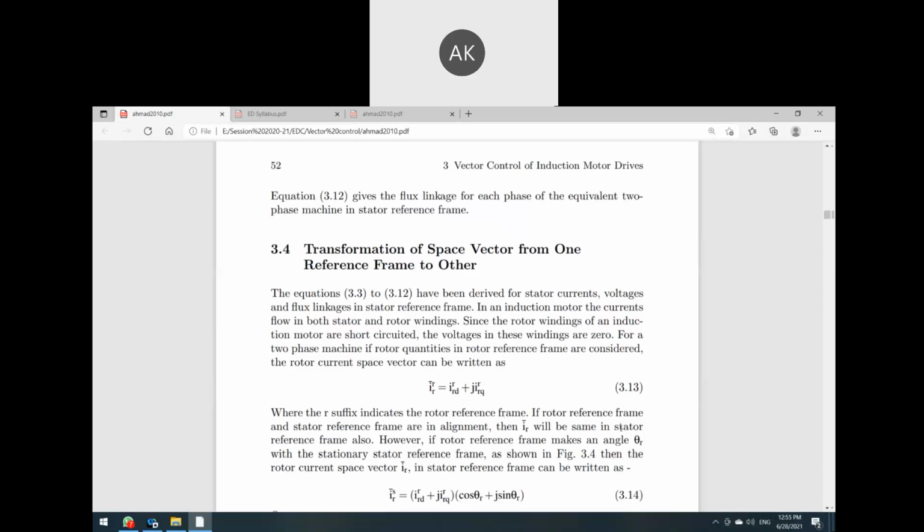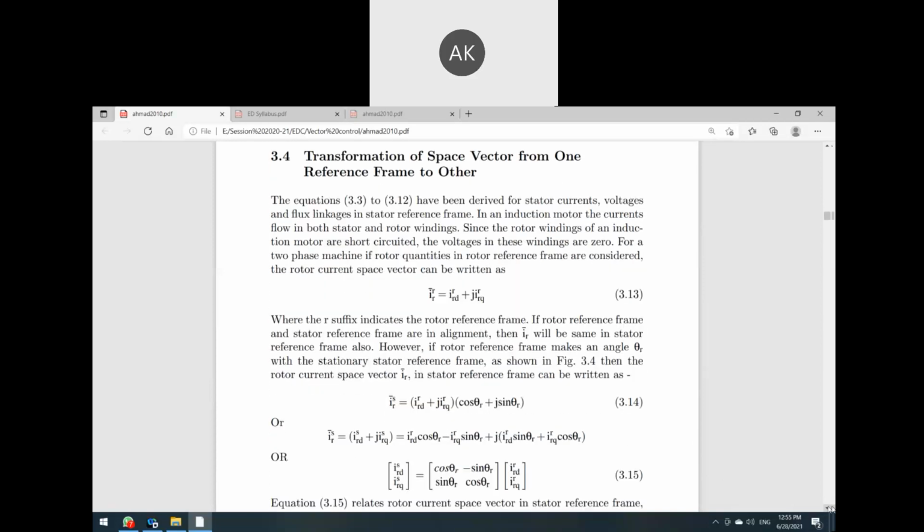If the rotor reference frame and stator reference frame are in alignment, then Ir will be the same in the stator reference frame. However, if the rotor reference frame makes an angle theta r with the stationary stator reference frame, then for the rotor current space vector, if the rotor and stator are in the same alignment, we can set the rotor current equal to the stator reference frame current.